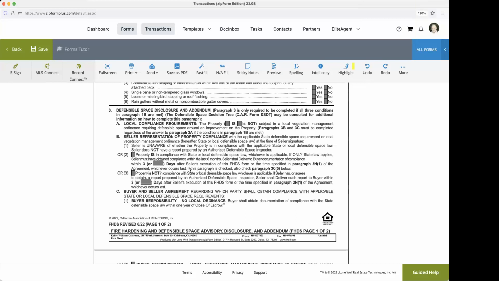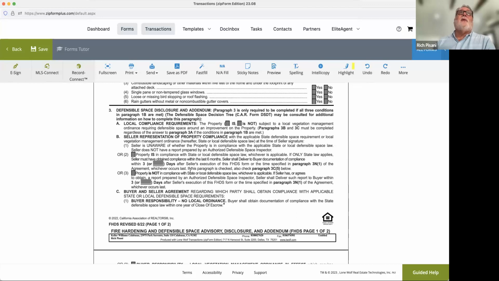What I meant is, how would the owner know this? Would they call the fire department? I just told you, they will know, because they will know whether they need to clear brush around their house. If they don't do it, then the fire department does it and they bill you.